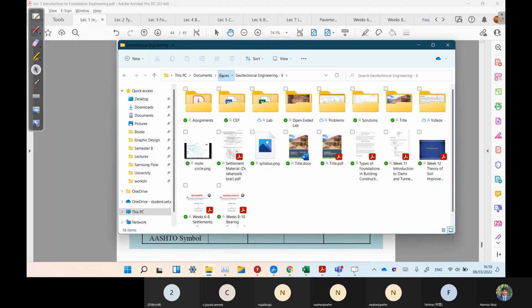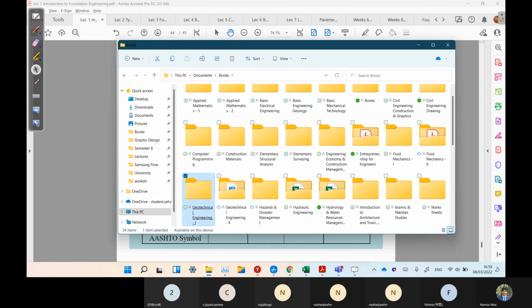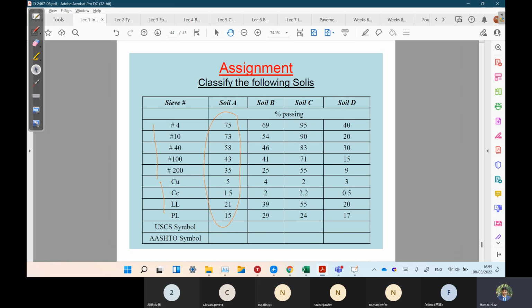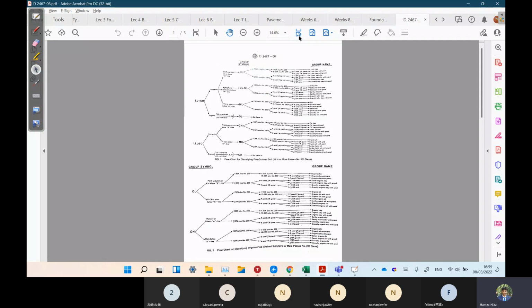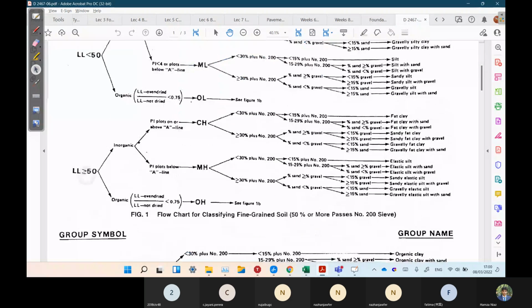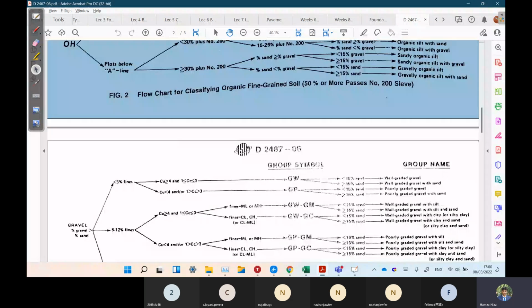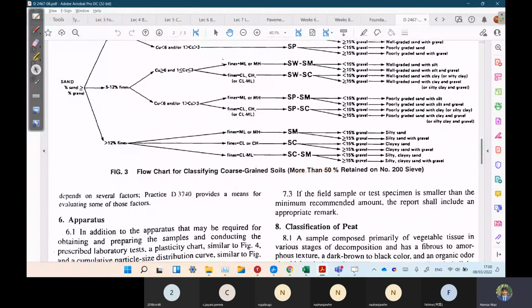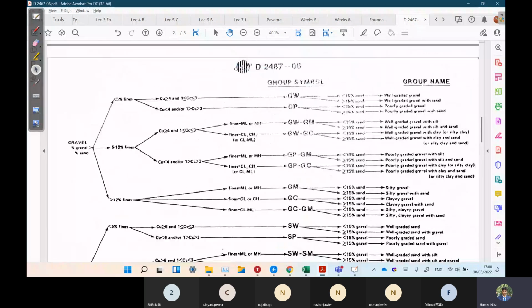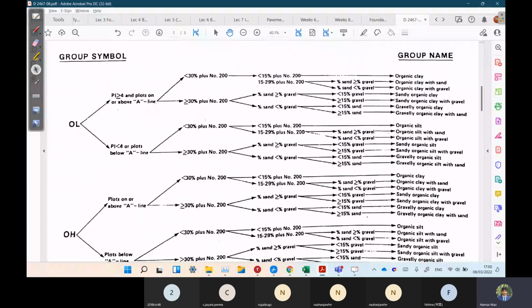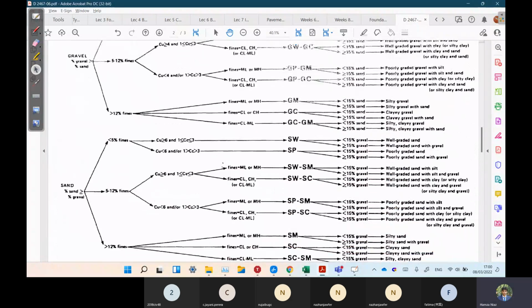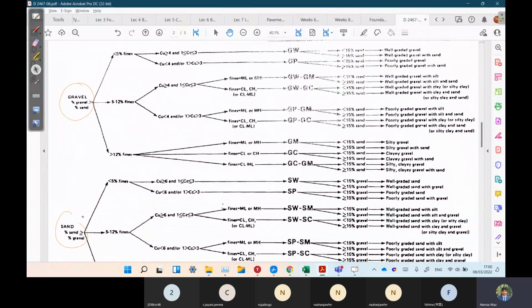So this is the Unified Soil Classification chart. There are four basic things in it. We have to first check whether 50% or more is retained on sieve number 200, or less than 50% is retained on sieve number 200. If more than 50% is retained, then we classify the soil as gravel or sand.